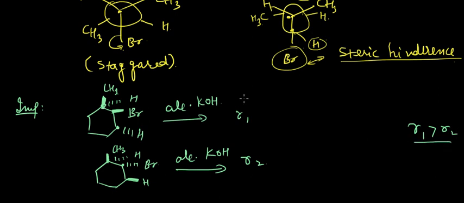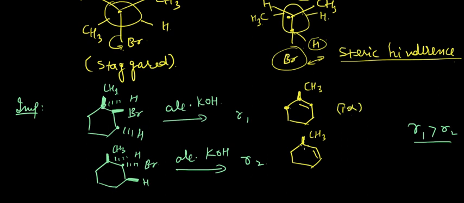Why? Because if you look at the product formed in the first reaction, we would have something like this, and in the second case we would have something like this. The alkene which has more alpha hydrogens will determine the rate of reaction. This will have 3 plus 4, 7 alpha hydrogens, and this would have 1 plus 2, 3 alpha hydrogens only. Why did that take place?